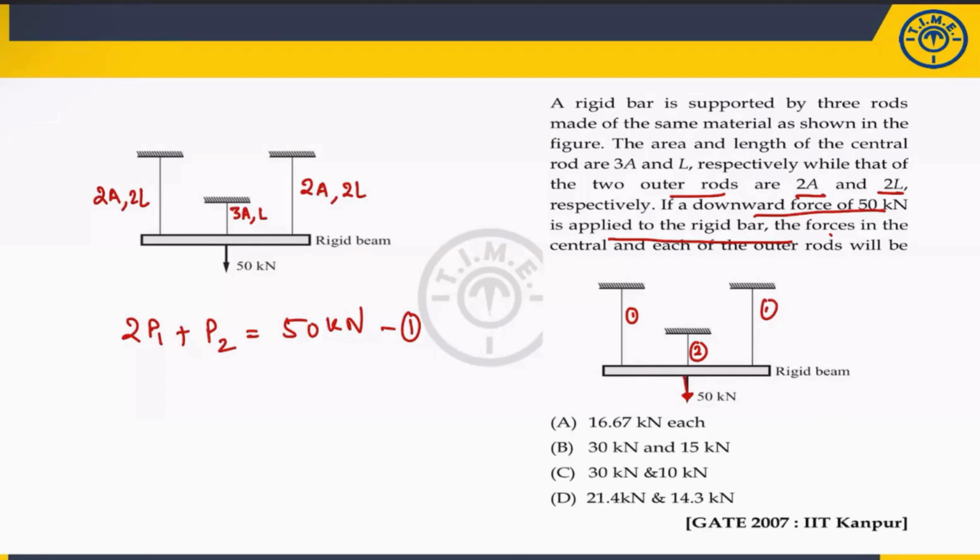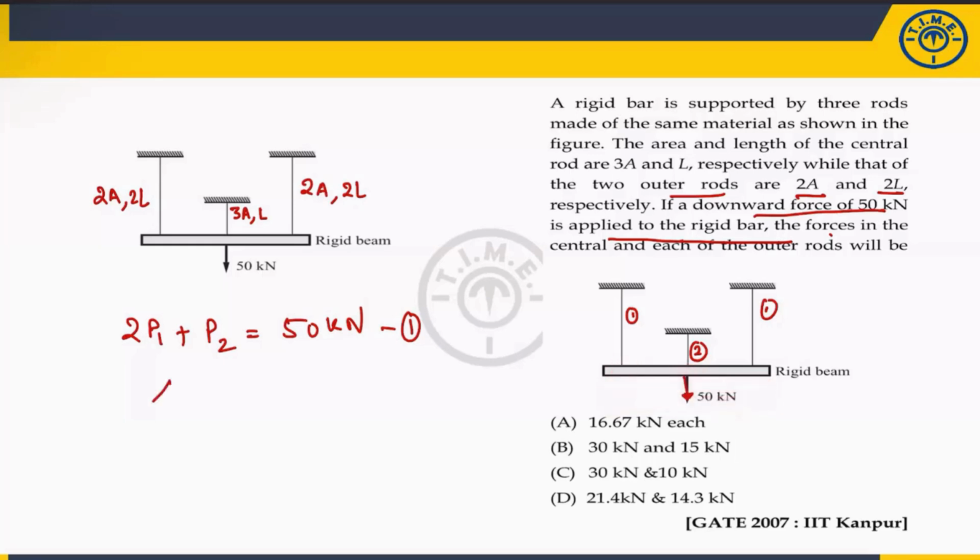But if you see the question, when you are applying some particular load and these rods are connected in parallel, suppose you apply the 50 kilonewton load, then what will happen? This rigid beam, or whatever they have mentioned, bar, it will go down. Let us suppose after some time it will be here. But whatever the deformation of this bar, the same deformation of this bar. So can I equate the deformation?